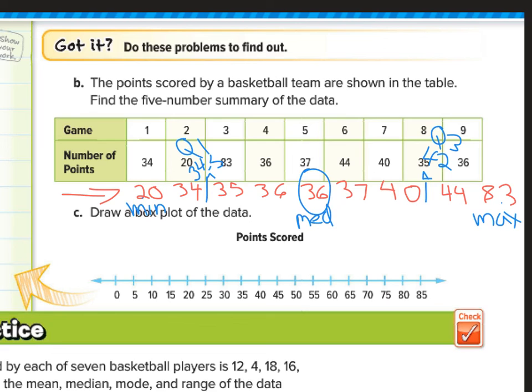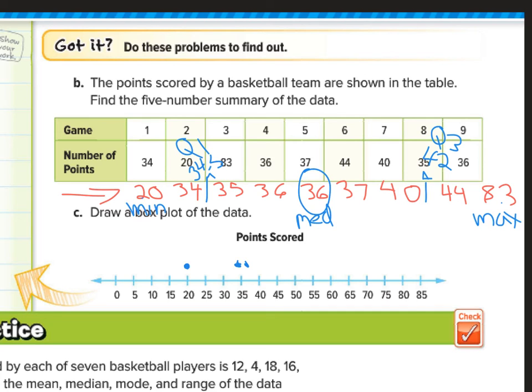Right? Now that you have that information, we can start plotting. They want us to first plot our lowest number, which is right here at 20. And then our first quartile, which is 34.5, will be just before the 35, right there. And then we have our median, which is 36, right next to it.